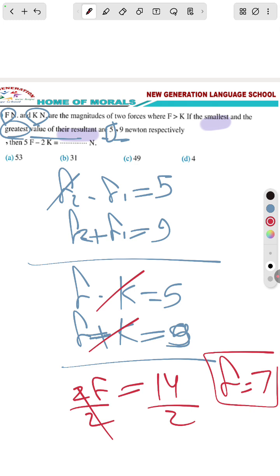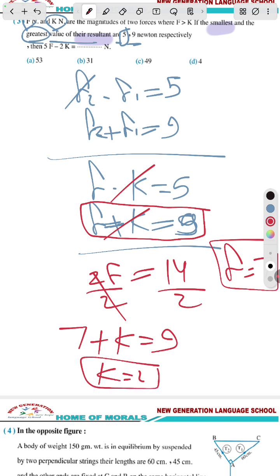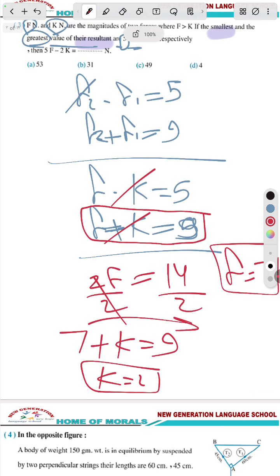We can substitute F equals 7 in the equation. So 7 plus K equals 9. So K equals 2, by moving 7 to the other side with opposite sign. So K equals 2. We need 5F minus 2K.